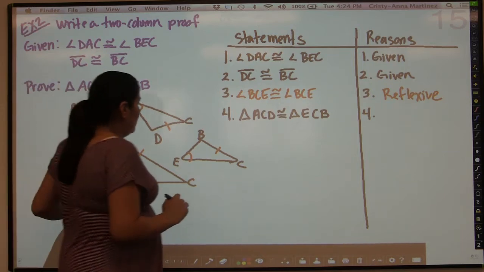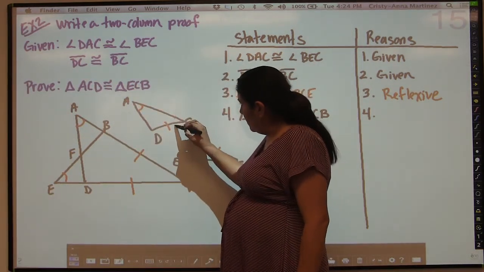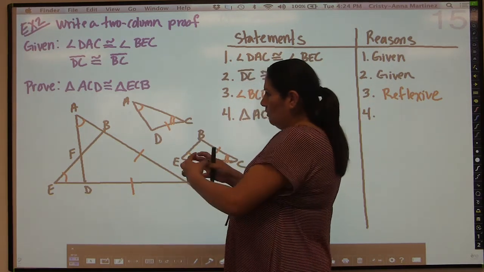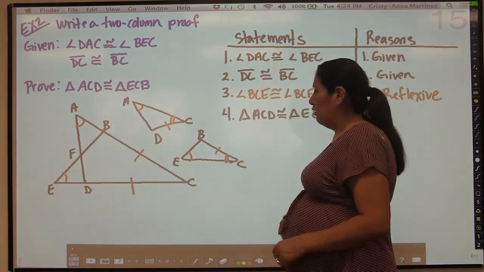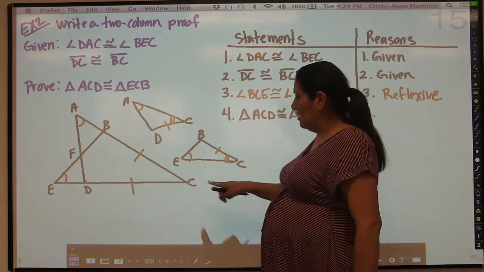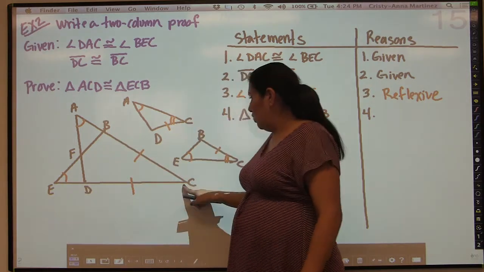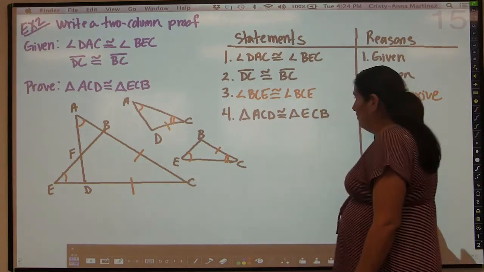Okay? And then we also know that this angle C is congruent to that angle C. So all I'm doing right here is trying to pull out the triangles from the diagram so that you can see it better. I don't know if that's going to help you or not, but this triangle here is on top of the other one, but they're both using the same angle C, so it's got to be congruent to itself, and that's why I put reflexive there.